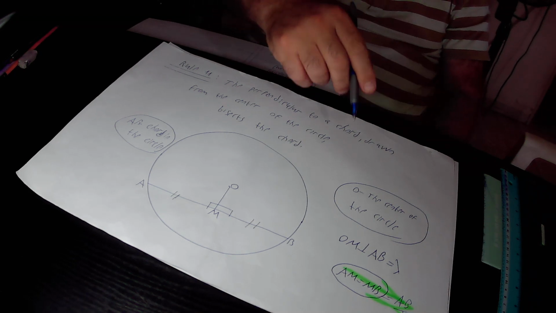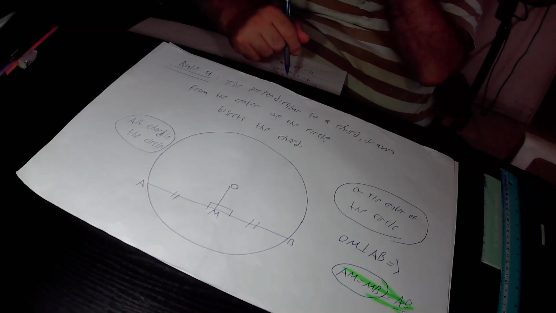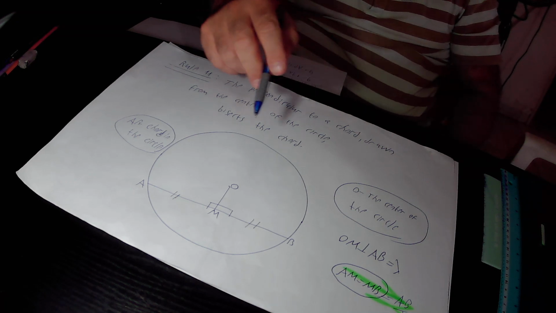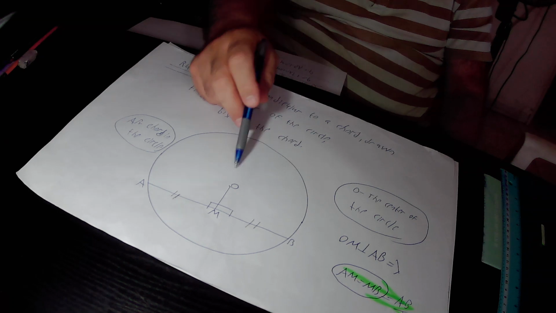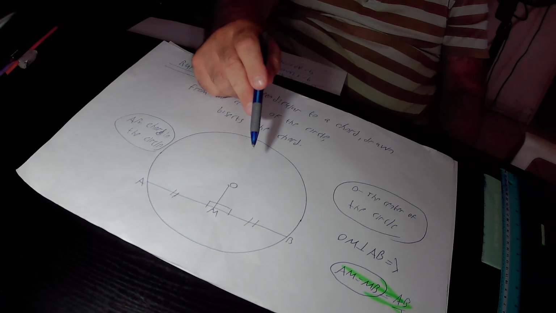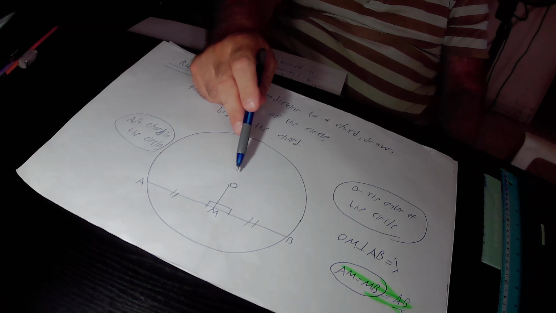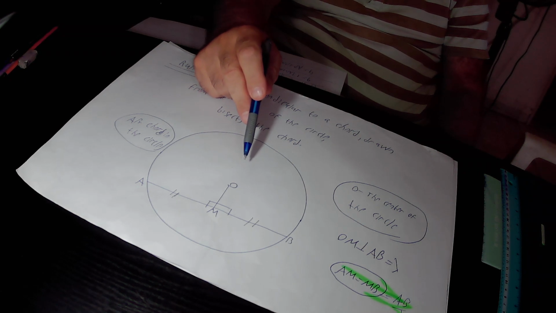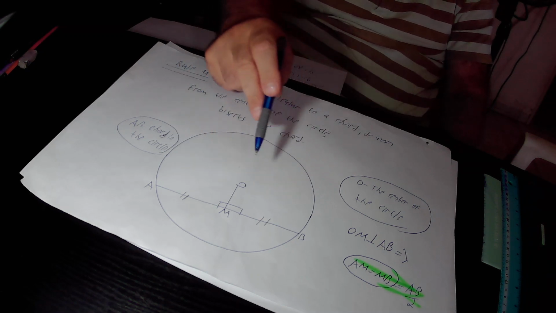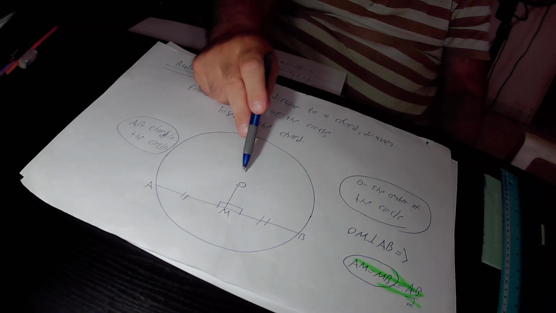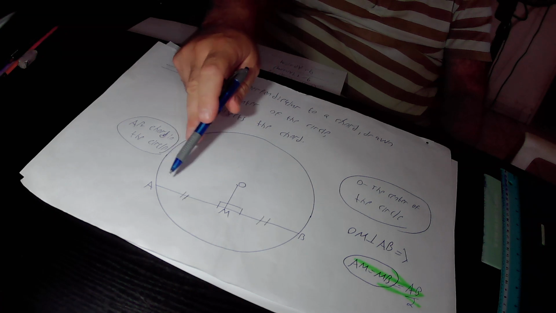So, we have a circle, and inside this circle we have a chord called AB. Point O is the center of this circle. From point O, we draw perpendicular OM on chord AB.